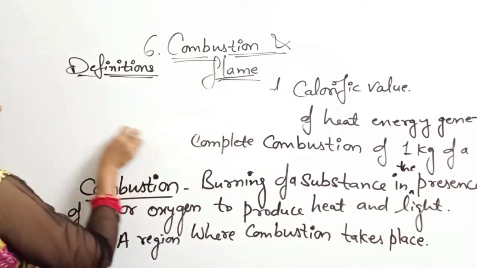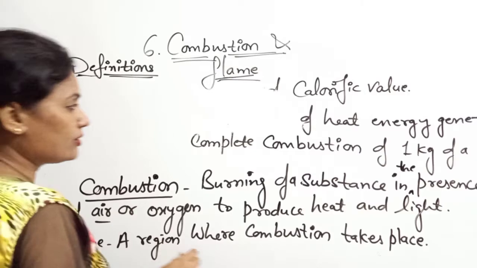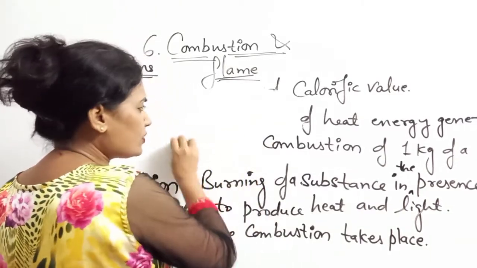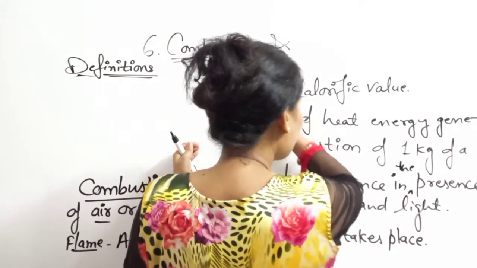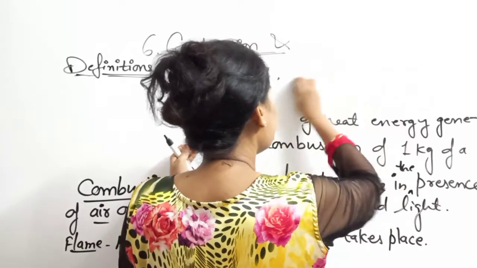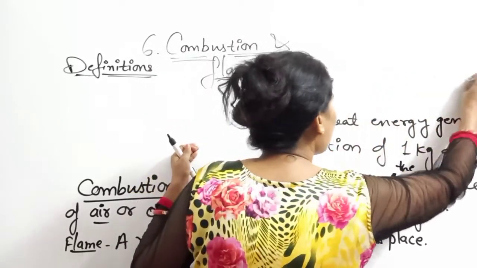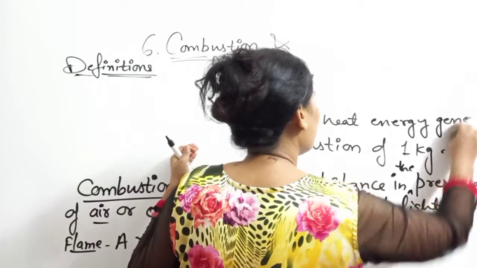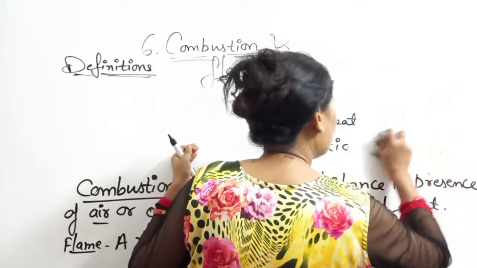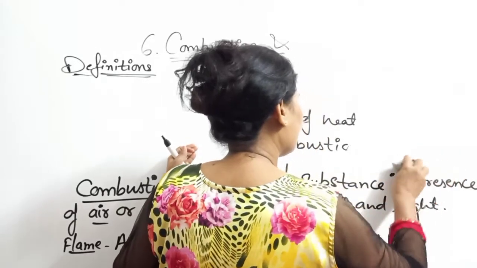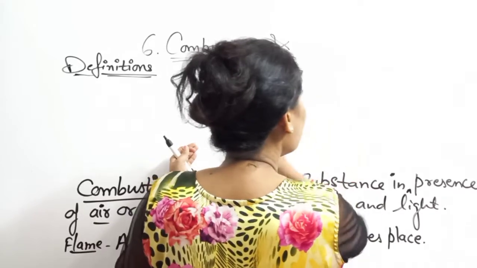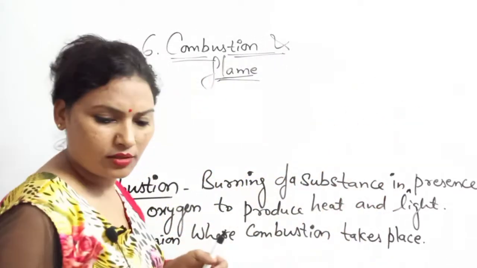Explosion is there. Slow combustion is also there. These are the different types of combustion that we will discuss later on. First of all, I want to discuss these definitions. These are also very important for you. So you can write these definitions.